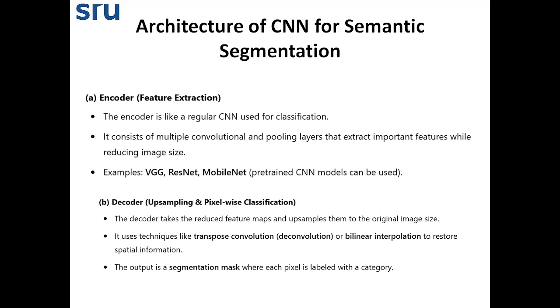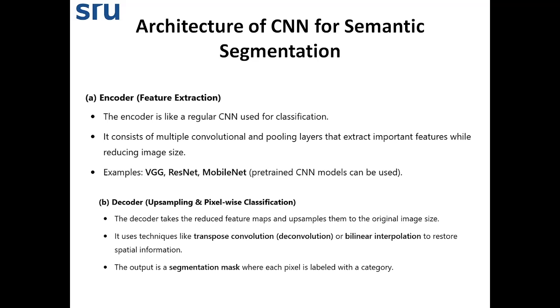Next here, decoders. They do upsampling and pixel-wise classification. The decoder takes the reduced feature map and upsamples it to the original image size.